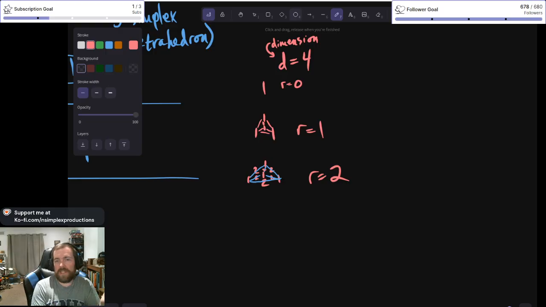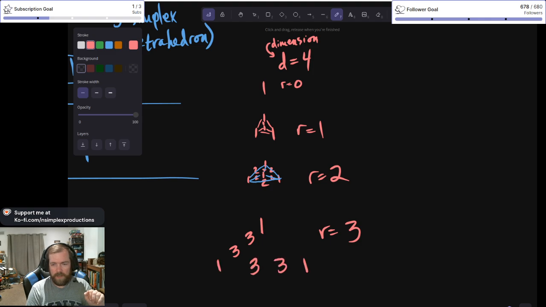Right, and then the same thing happens with r equals 3. This is where things get complicated because you've got 1, 3, 3, 1, 3, 3, 1, 3, 3. And going back toward our D direction, we've got a 3 and a 3 here, a 3 and a 3 there, a 3 and a 3 there.